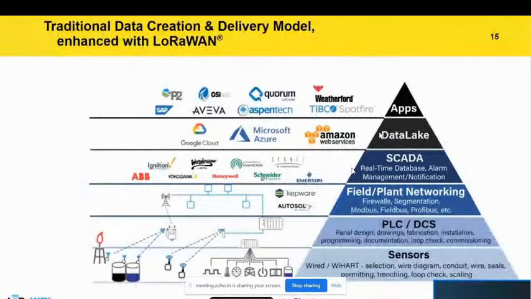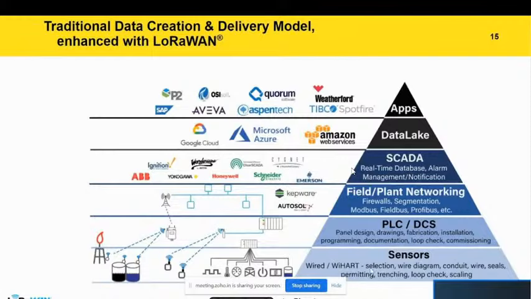So here is a traditional data creation model and delivery system, which can be enhanced by LoRaWAN. If we look at it, this is the standard architecture of any current organization or industry. On the ground level, we have sensors, which can be wired or wireless, like those working on WirelessHART. They require wires, cable ducting, and so on.